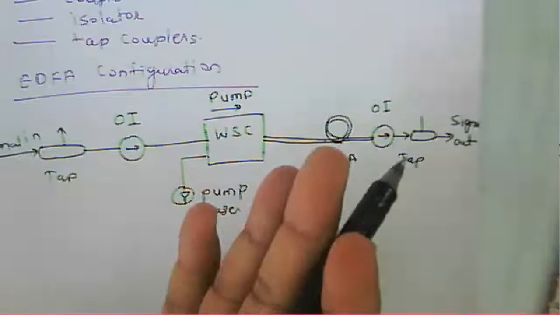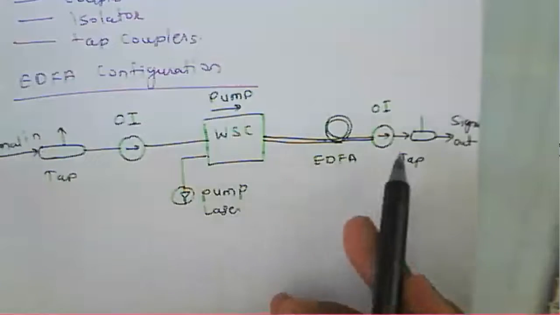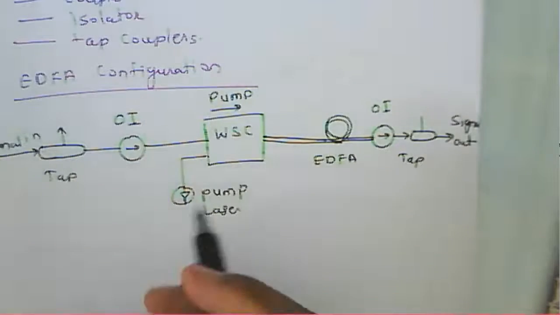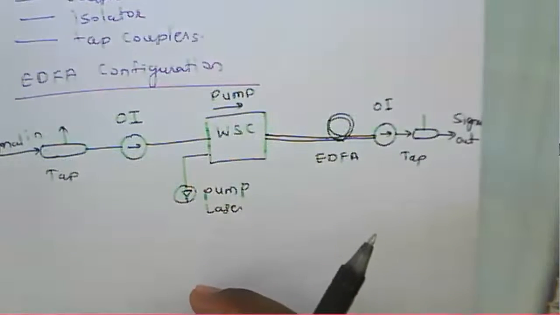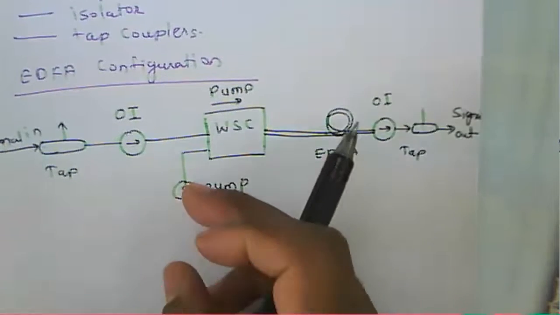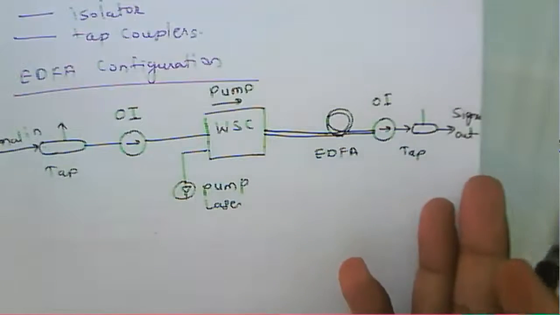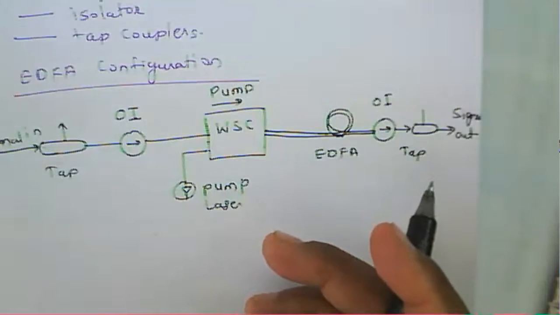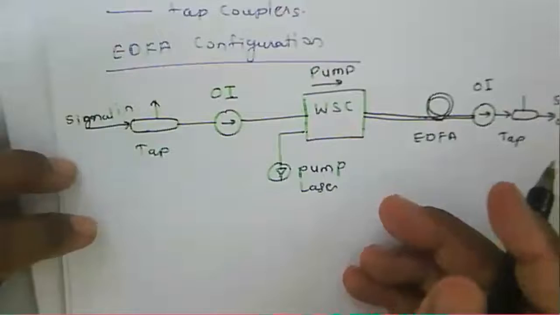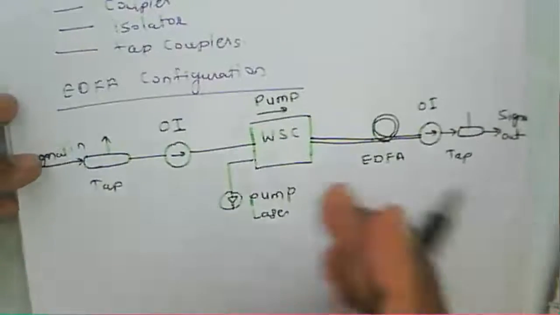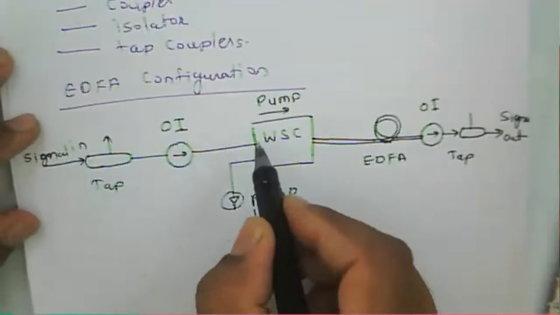If the signal came back to this device, then the device will not work properly, or there may be some amplifier noise, or it will decrease the amplifier efficiency. So that is about the optical isolator.